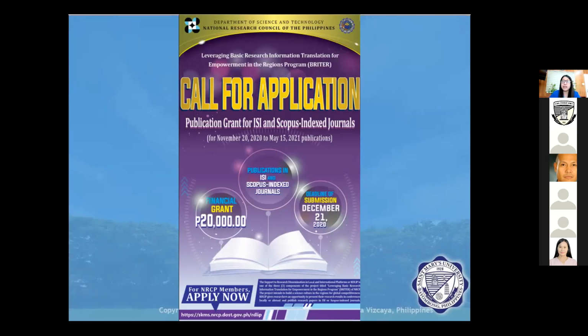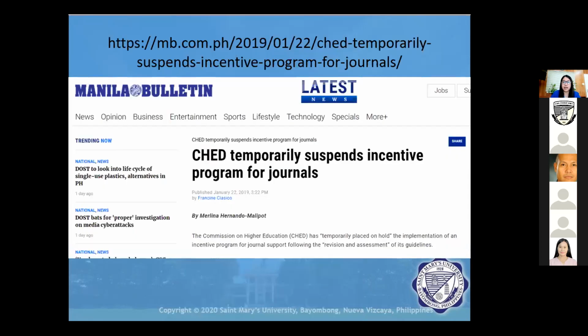They only consider those journals indexed in ISI and Scopus as reputable. This is now the information that also gives us an idea that CHED temporarily suspends the incentive program for journals.